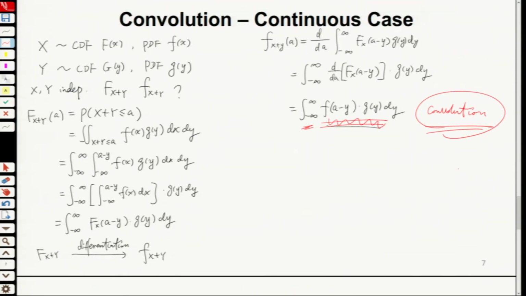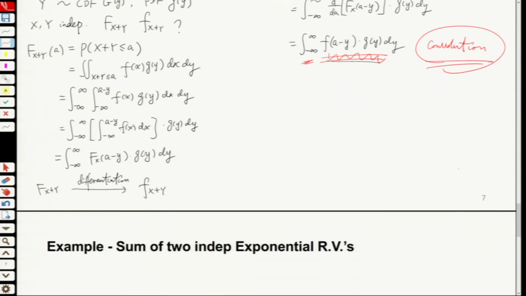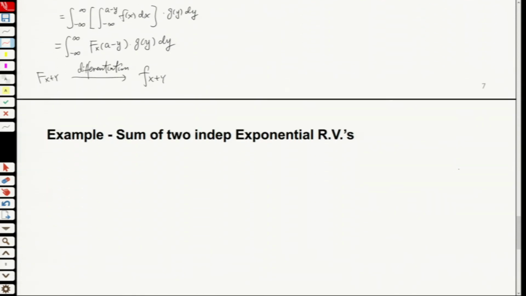To illustrate the concept we just discussed, let's have an example. Let's have two independent exponential random variables. We use the exponential to model lifetime. It's time, so it should be continuous.